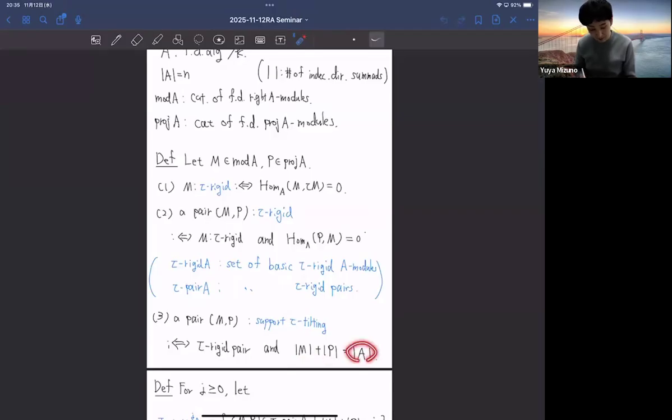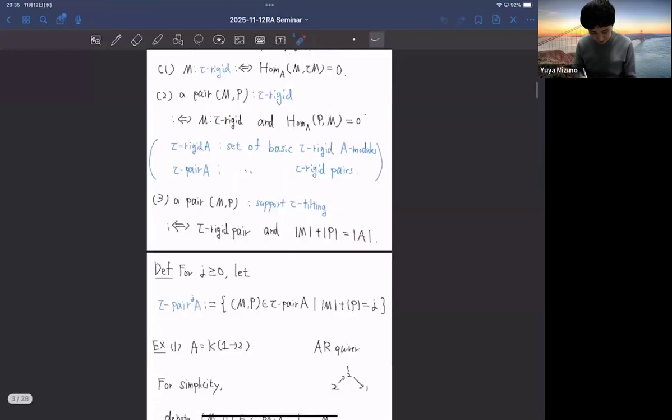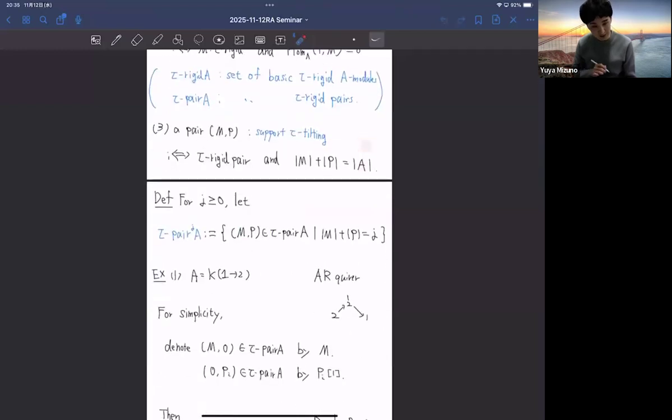And it is known this number is at most n. Then we can also define this set, tau rigid pair j. This is the set of tau rigid pairs satisfying that the number of indecomposable summands of M and P equals j. So this takes values from 0 to at most n.